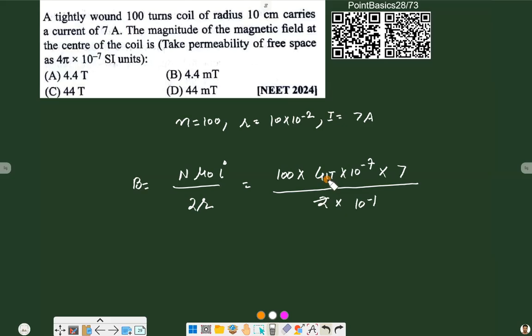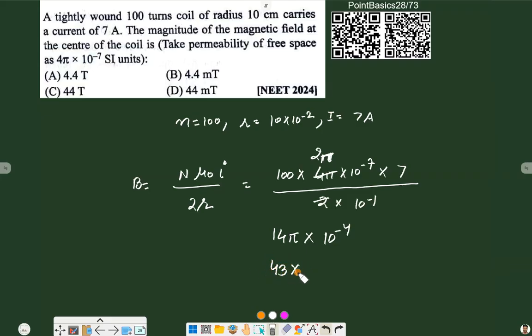So this will be 2 pi, and we have 14 pi into 10 raised to power minus 5 with plus 1 more, so 10 raised to power minus 4, and 14 into pi will be approximately equal to 43.